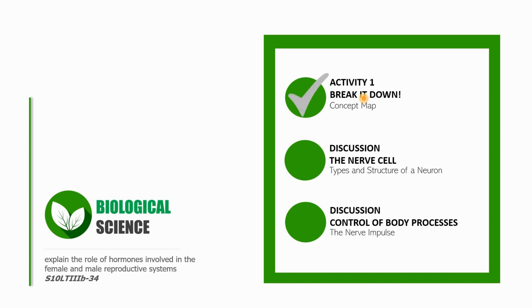Actually, not too several, around dalawang guide questions. And then the second part naman, we had this lecture about the nerve cell and the types and structure of a neuron. And then the last part naman of our session was a discussion about the control of body processes. And we specifically talked about the nerve impulse.